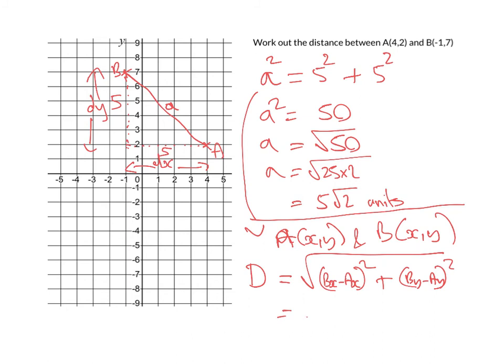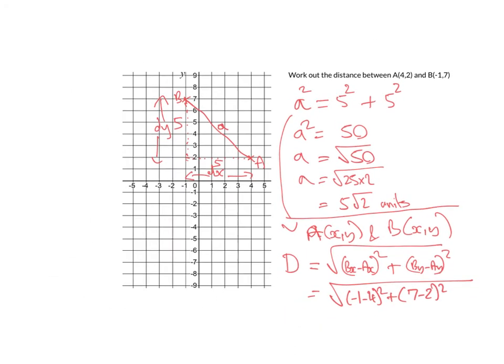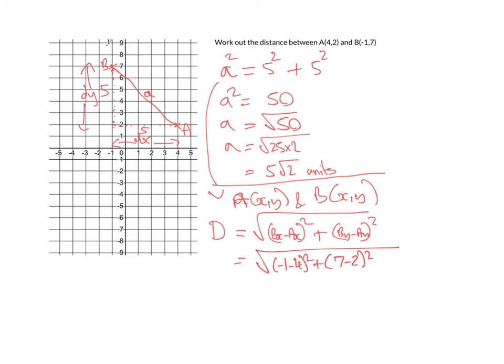So as you can see, if we fill that in, bx is -1, so -1 take away ax, which is 4, squared, plus by, so b's y value is 7, take away a's y value, which is 2, and as you can see, you end up with the same thing. It just means you don't have to bother drawing it out.